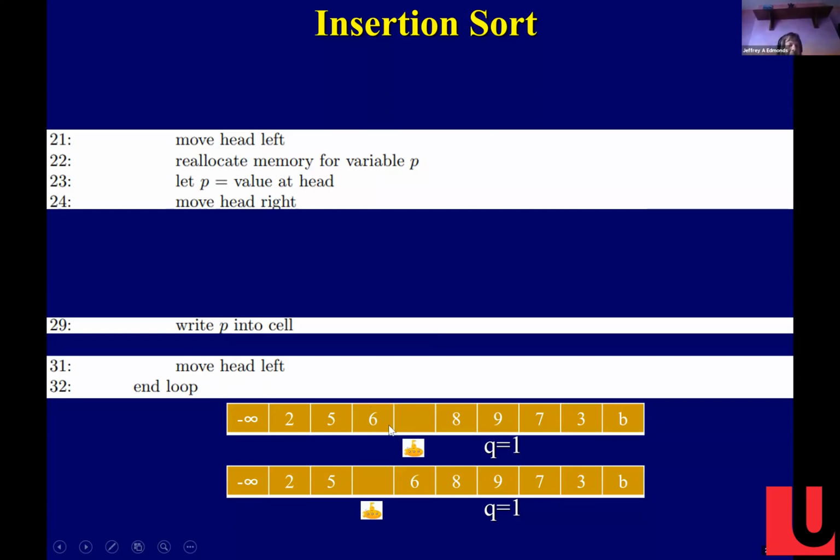Had there been a 12 here, I would have gone into a state that remembers that P equals 12, right? So I'm remembering 3 things. What are the 3 things my state tells me? It tells me what line I'm on, it tells me the value of P, and it tells me the value of Q. So that all needs to be in my state.